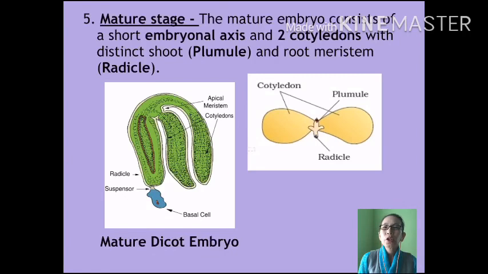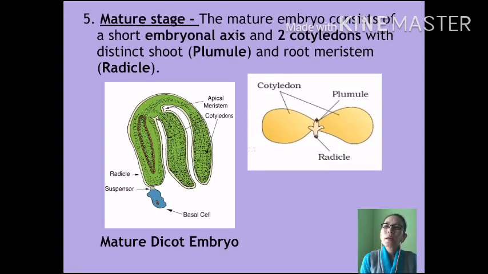And the region which is between the plumule and the point of attachment of the cotyledon is called the epicotyl, and the region which is between the radicle and the point of attachment of the cotyledon is called the hypocotyl. So, actually epicotyl lies above the cotyledon and hypocotyl lies below the cotyledon.